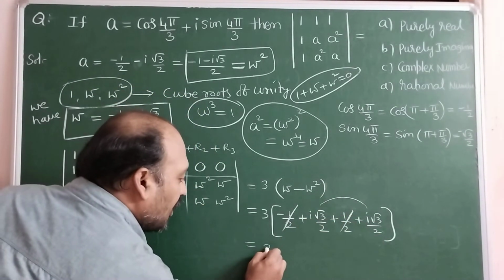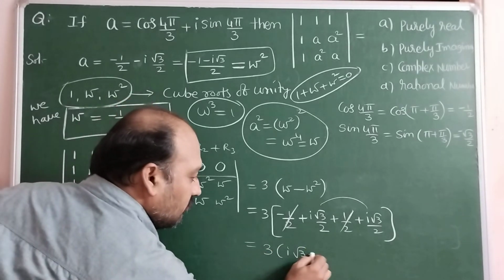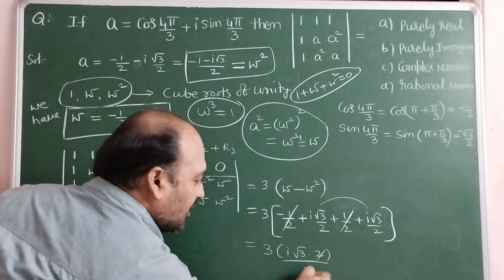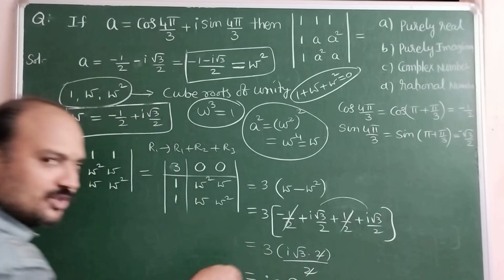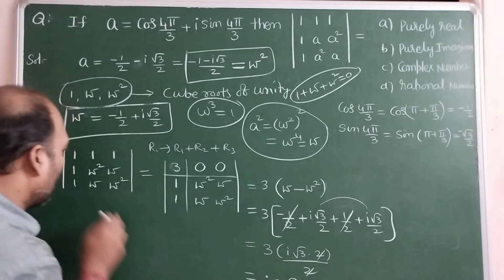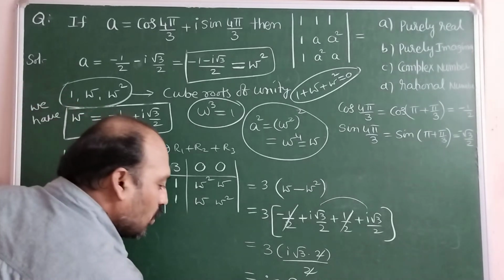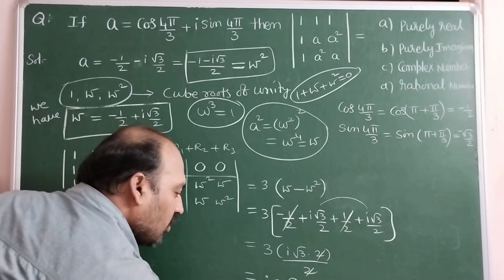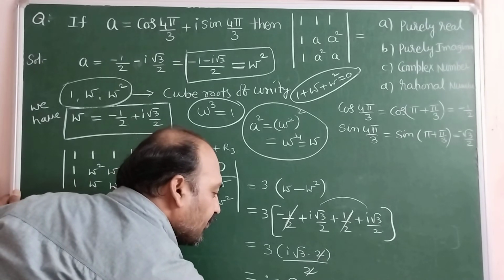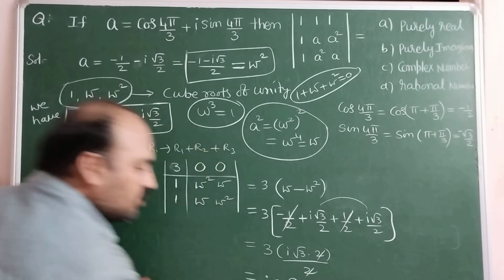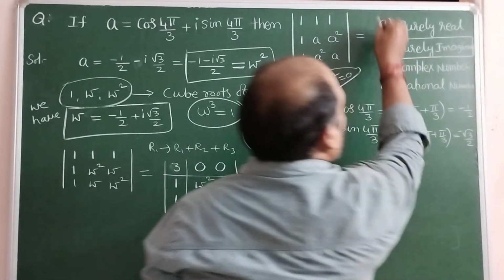So 3 into i root 3, which is i into 3 root 3. So it is exclusively imaginary part. So the value of this determinant is purely imaginary, dear students.